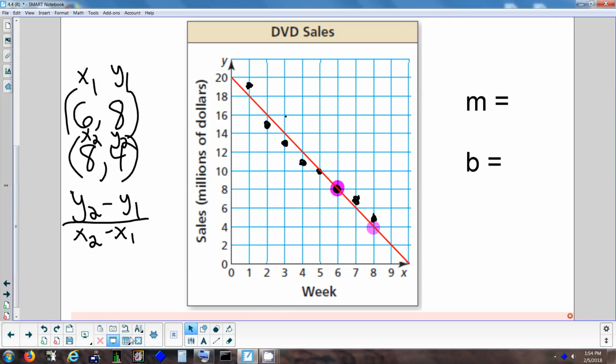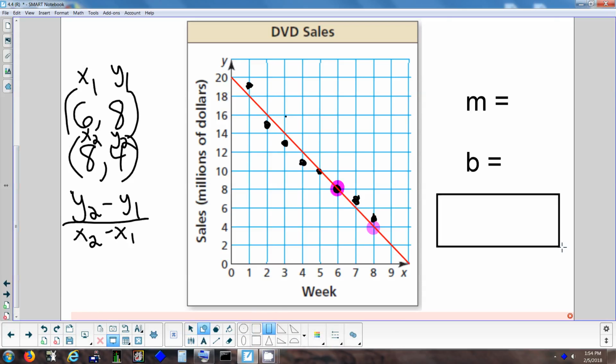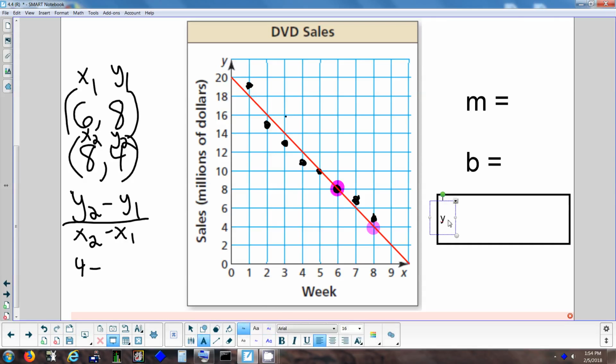So someone tell me, what's my Y2, Sophia, based on how I labeled it? 4. 4 minus, because it's part of the formula. Connor, what did I label Y1? 8. Very good. And I got X2. Josiah, what's X2? X2 is 8. Good job. Remember, minus is part of my formula.